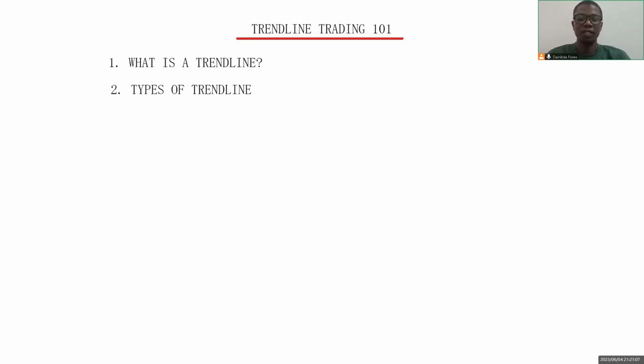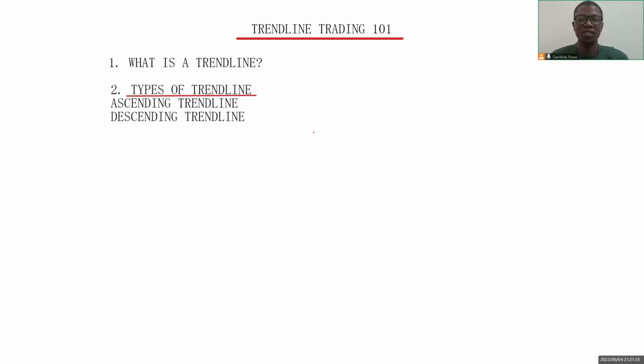We have the ascending trend line, and we have the descending trend line. So these are the types of trend lines that we have.